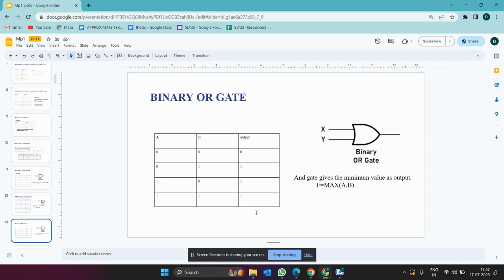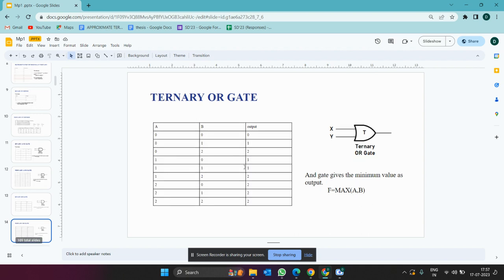And the OR gate is the reverse of the AND gate, that is the maximum of the inputs is considered as the output. So let's take this example. Here 0 and 1, the 1 is the maximum of both the inputs, so 1 is the output. The same also applies in the ternary logic.